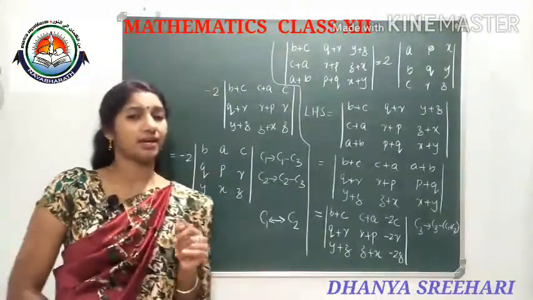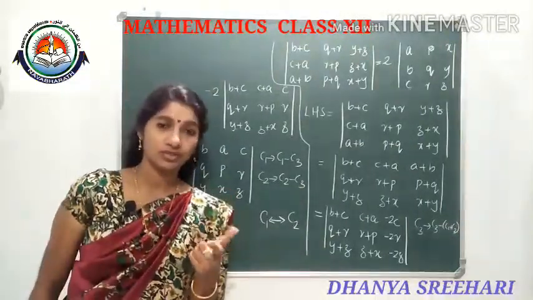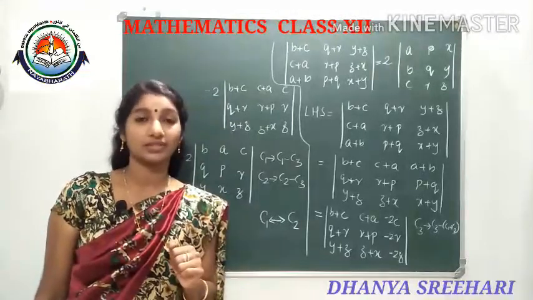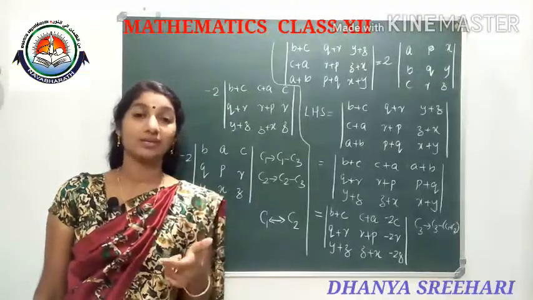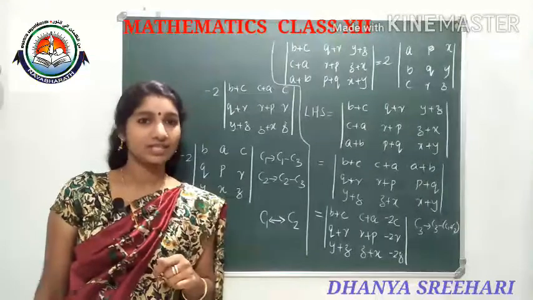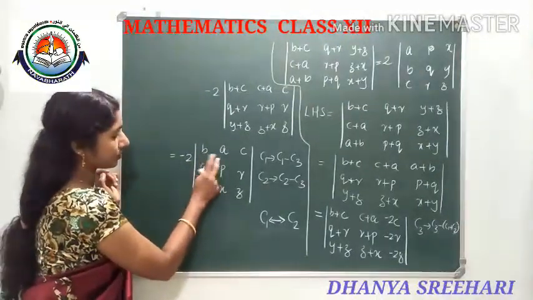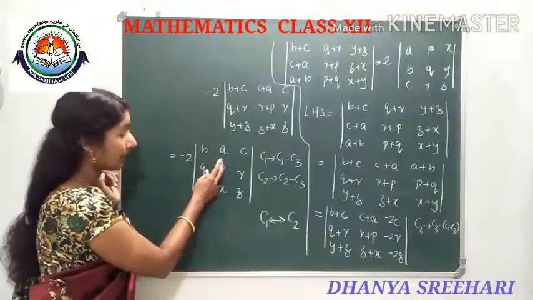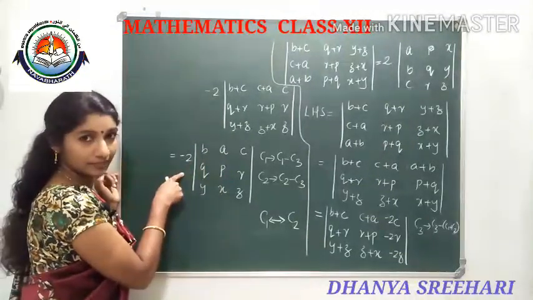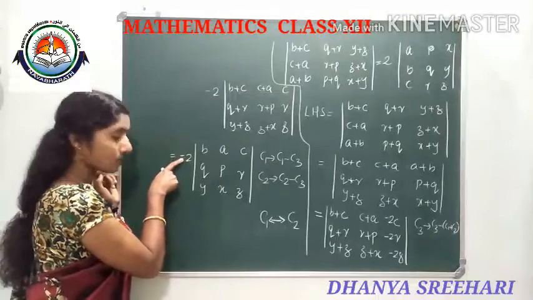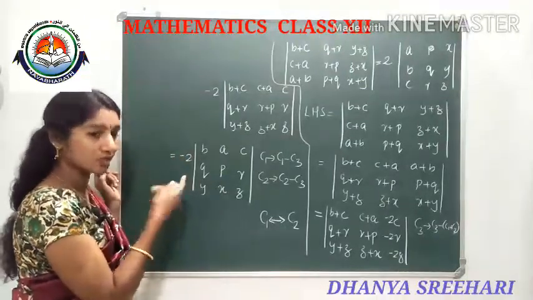And we studied while interchanging any two rows or any two columns, what will happen to the determinant value? The determinant value's sign will change, isn't it? So while interchanging C1 and C2, one negative will come outside, means now it is negative, so it will come positive.